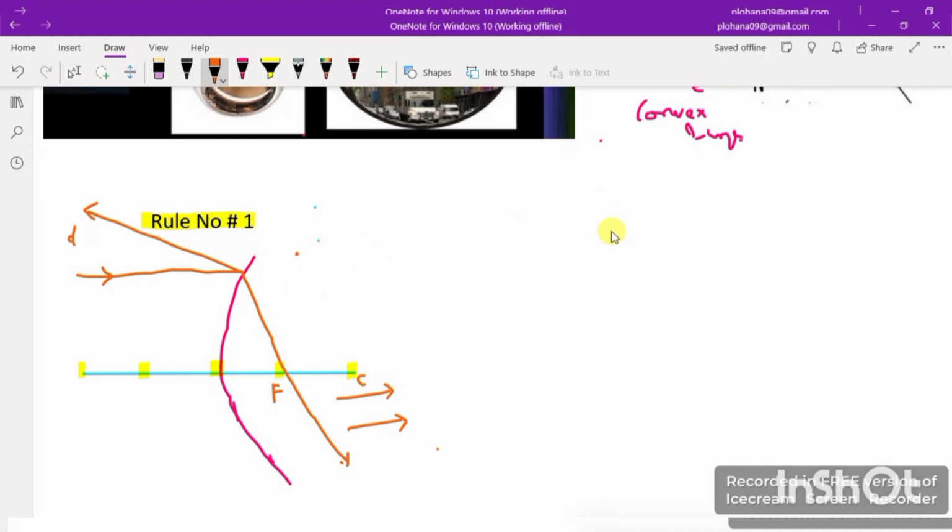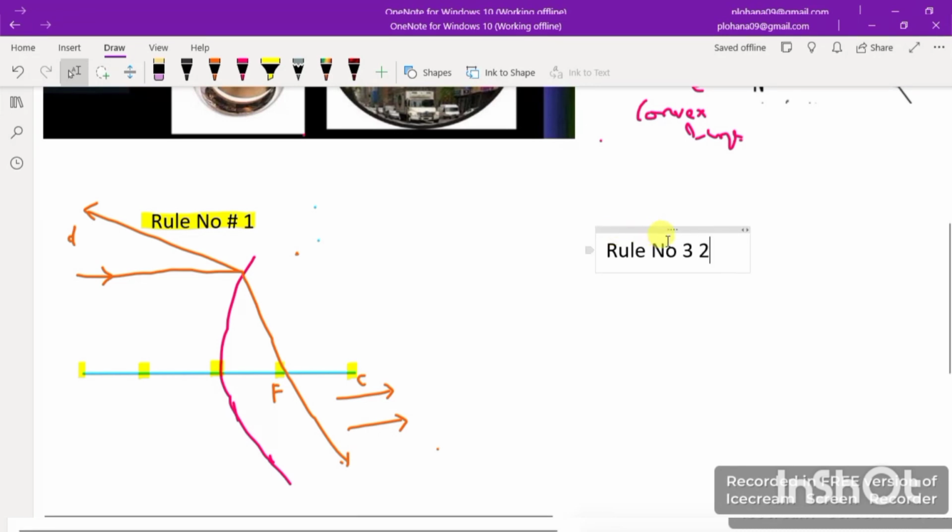Now let me explain the second rule, right? Rule number 2. What does rule number 2 say? First, check it. Rule number 2 says the ray which is going towards the center of curvature, after reflection it would come back along that same path, right?